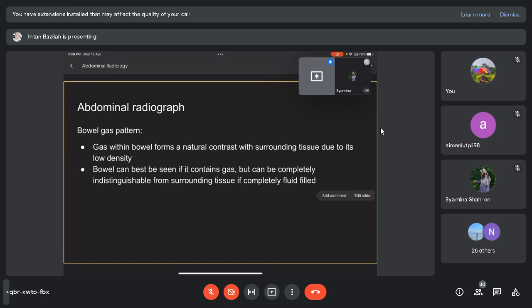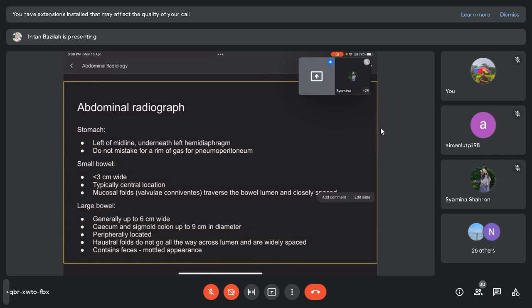But if the bowel does not contain gas, but contains fluid, it's quite difficult to distinguish from the surroundings. So sometimes it's quite difficult to say whether the bowel is dilated or not when the bowel is fluid in content.